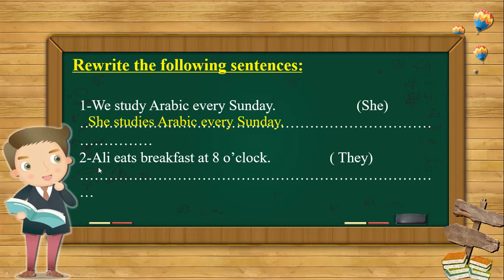Now, number two, Ali eats breakfast at 8 o'clock. Ali is he, subject he, and he adds S to the verb. It's a correct sentence. I want to cross away Ali and put they.